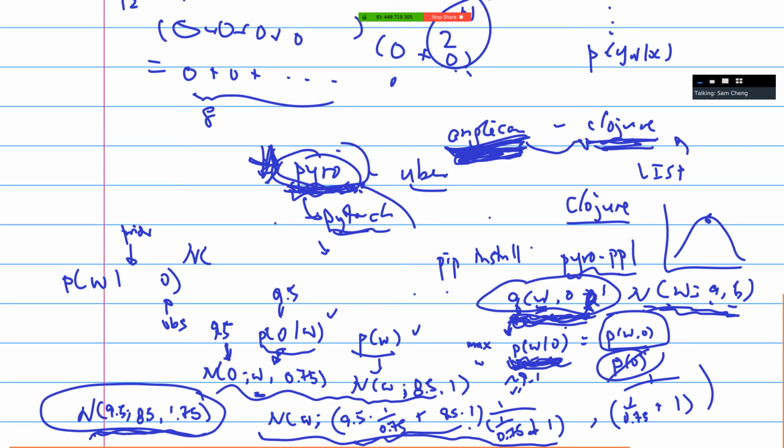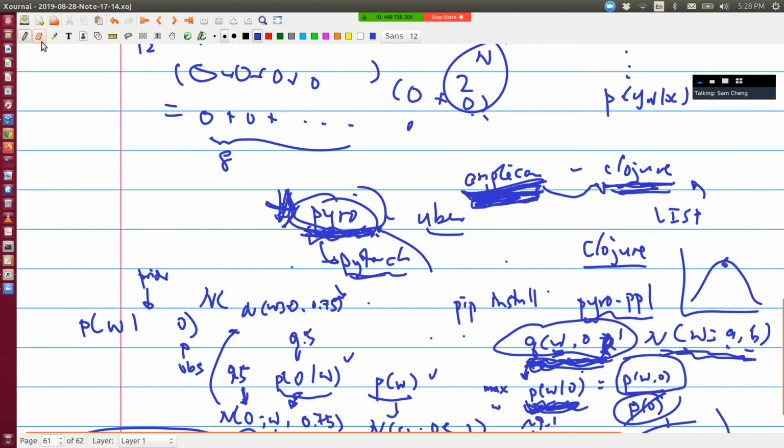This is not the mean here, but in O. But you can move it around, it doesn't matter, because for the Gaussian distribution, if I write O as the mean and W as 0.75, the function will be the same as W as the mean and O as 0.75. It's symmetric. And the O is our data, which we already know.